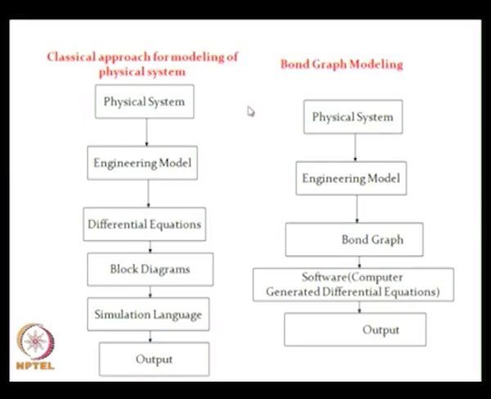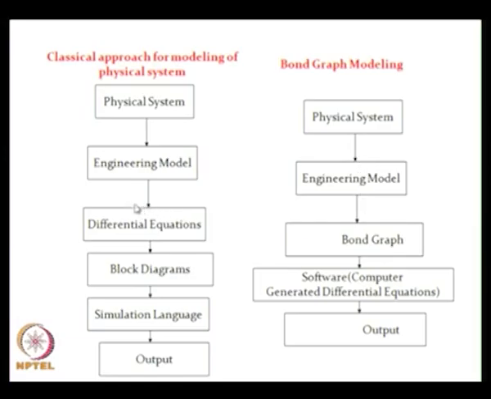But in the case of bond graph modeling, we do not go through these stages, we skip some of them. We have this physical system, then we create an engineering model by abstracting the physical system, and then we create a bond graph.